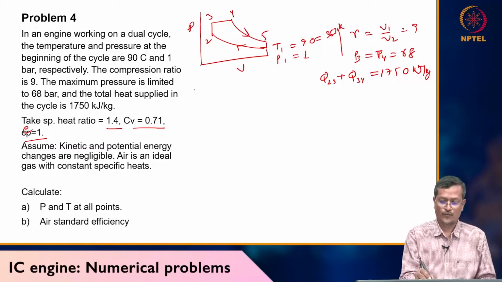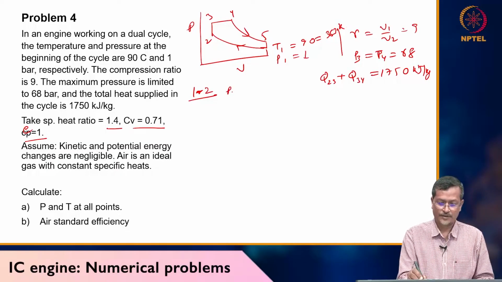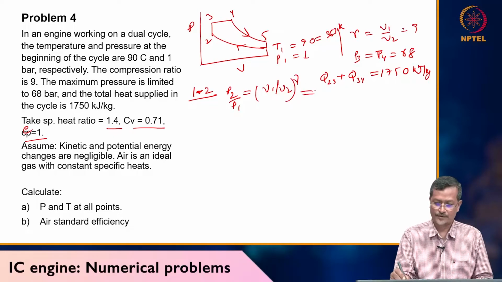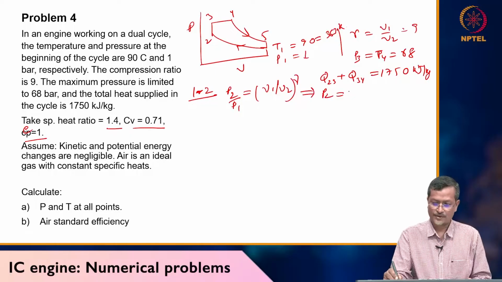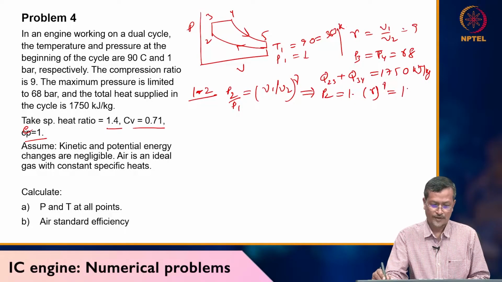Now process 1 to 2: P2 by P1 equals V1 by V2 to the power gamma, which implies P2 equals 1 into R to the power gamma equals 9 to the power 1.4, which is coming 21.67 bar.